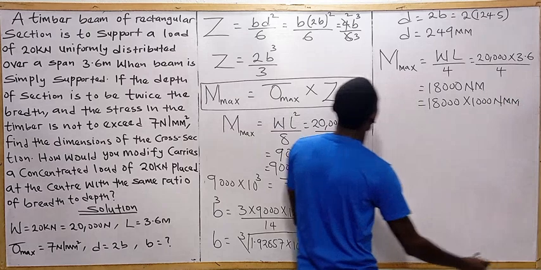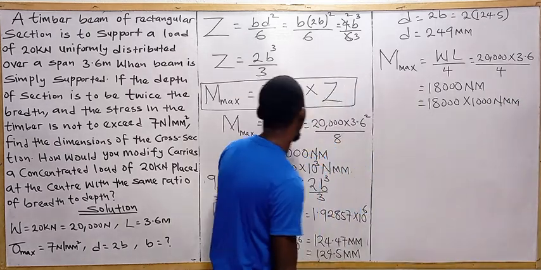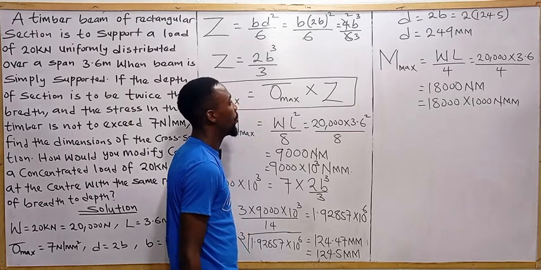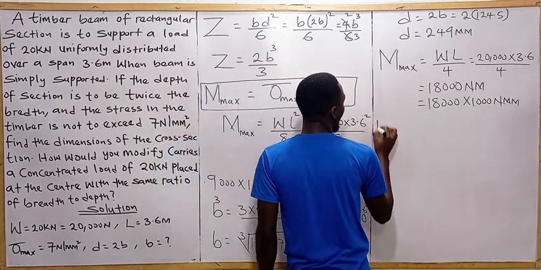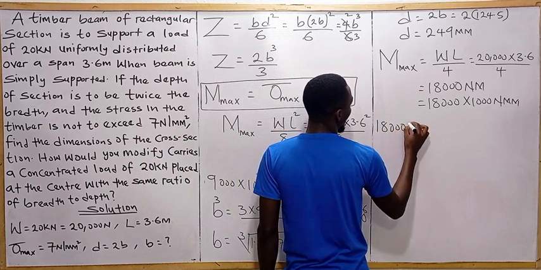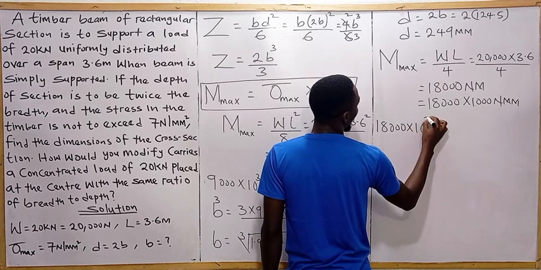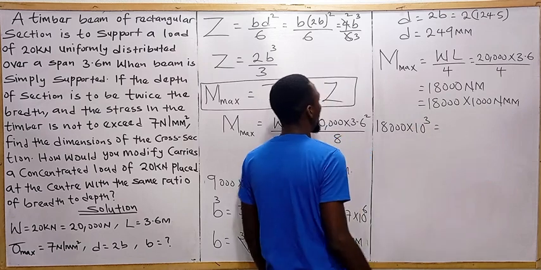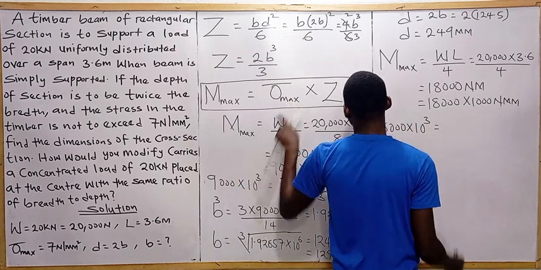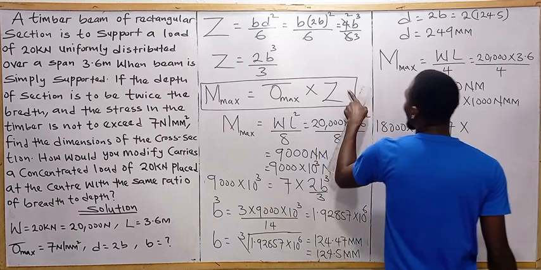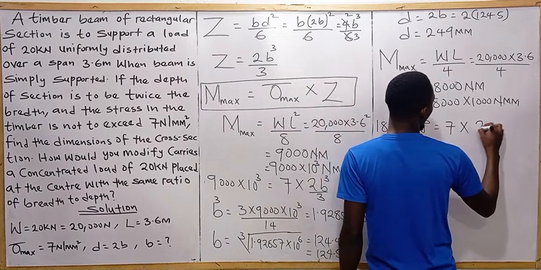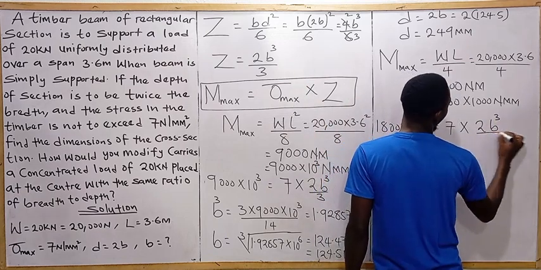The next thing we are going to do is apply the formula that we have here. So we have 18,000 multiplied by 10 to the power of 3, which is equal to our maximum stress. Our stress remains at 7, multiplied by our section modulus, which is still 2B cubed divided by 3.